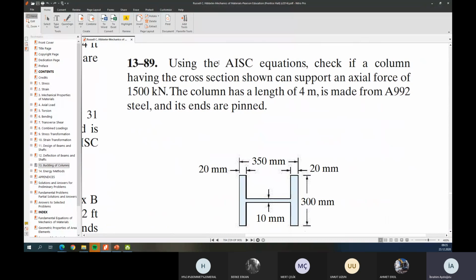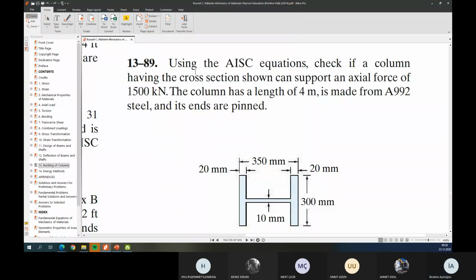Using the American Standard equation, check a column having the cross section shown below, at the support with the axial force also given. The column has a length of 4 meters and is made of A992 steel, and it's pinned.